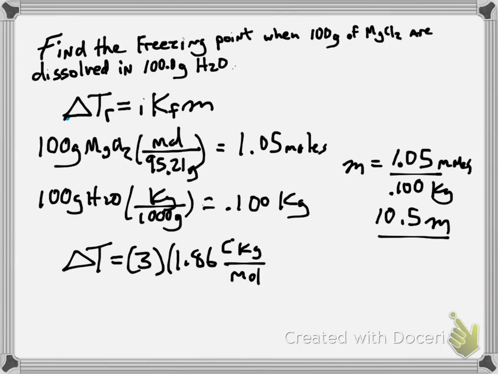That's a constant. That's for water, and it doesn't change as long as you're talking about freezing point. And we multiply this by our newfound molality, 10.5 moles over kilograms. So now we just run the numbers.